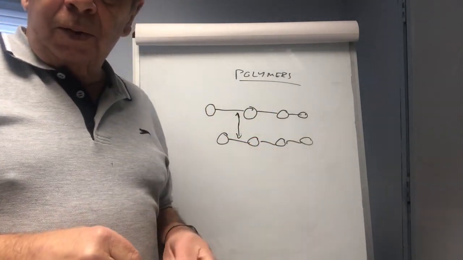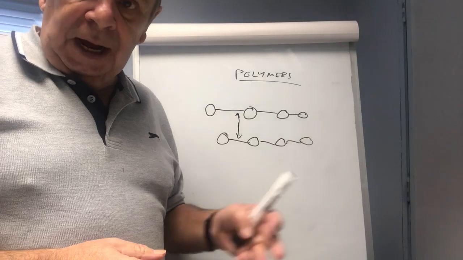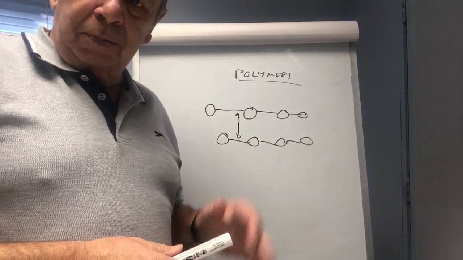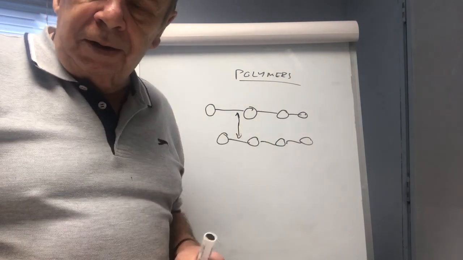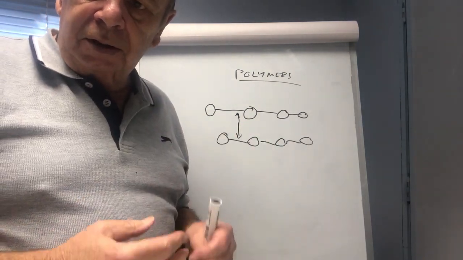That's why we change from a gas, ethene, into polyethene to form a giant covalent compound.